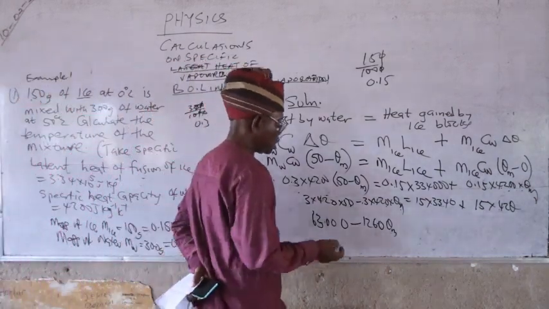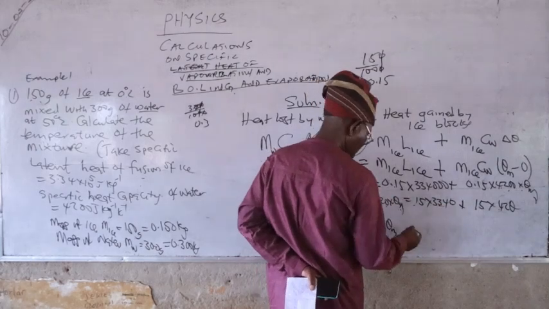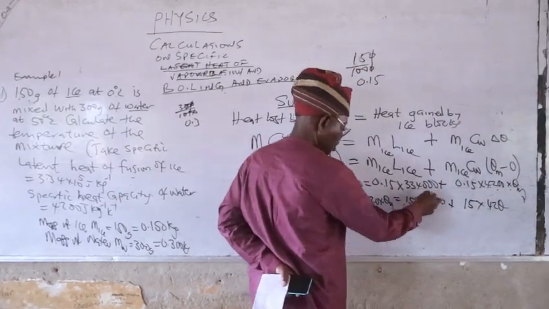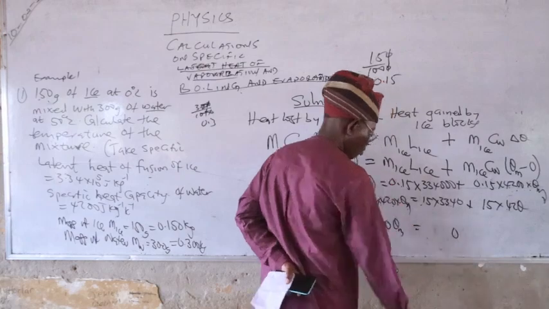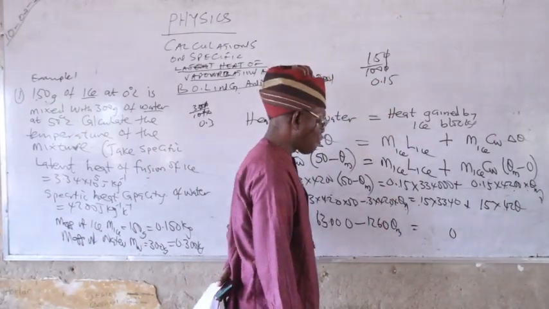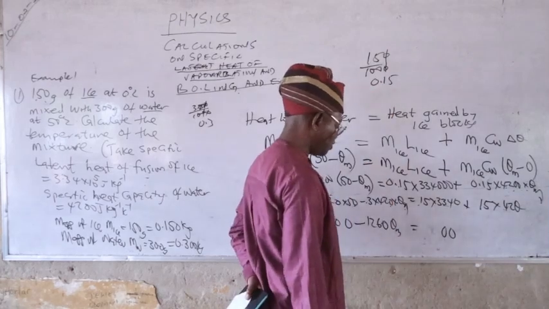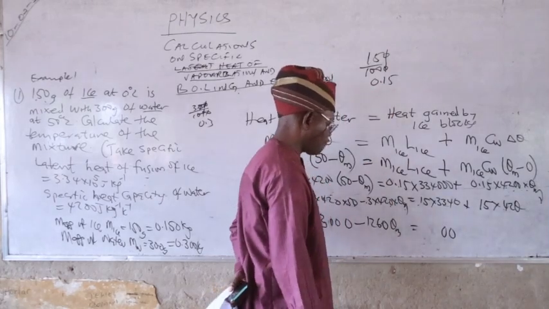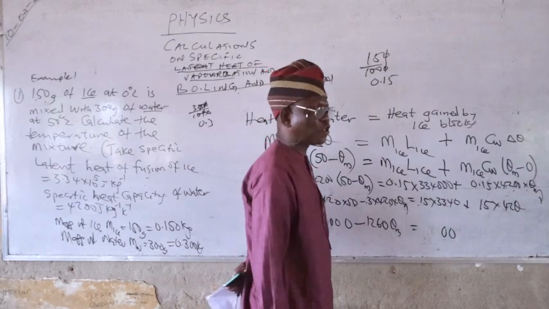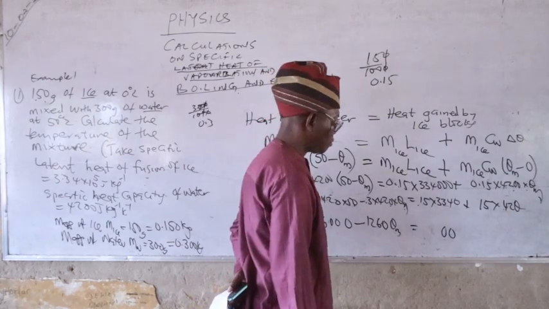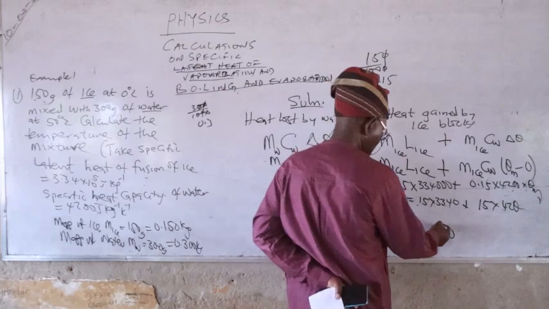Now multiply this by, how do I do this? 15 times 0 will give me 0. 15 times 4, that's 60. You write 0, 60 remainder 6. 15 times 3, 45. You add 6 to 45. What do you have? 51. So you write 1.